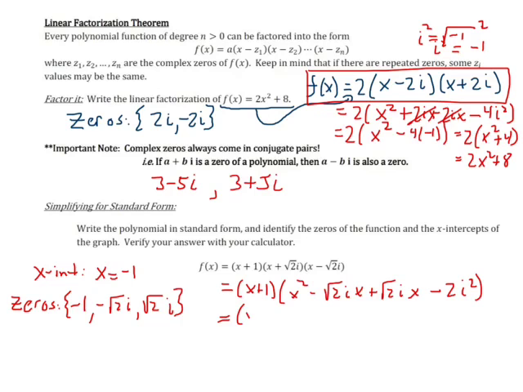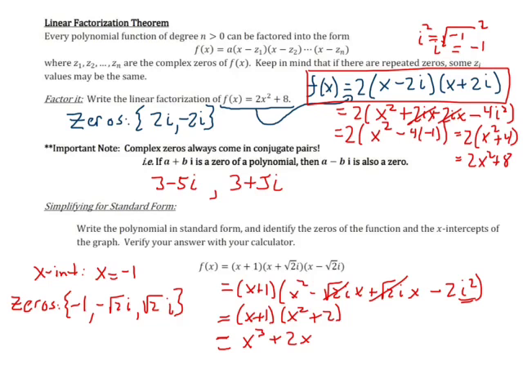Cleaning that up, we have x plus 1 times x squared, and these guys cancel out. And remember that i squared is negative 1, so we have negative 2 times negative 1, which will give us positive 2. All right, and then multiplying this out, we get x times x squared is x cubed plus 2x.